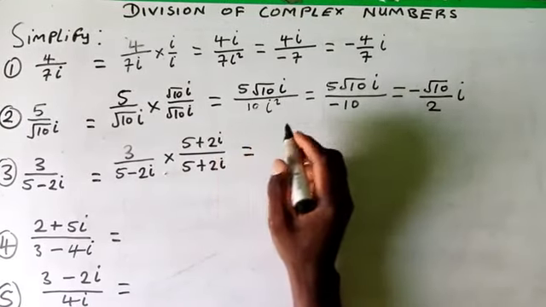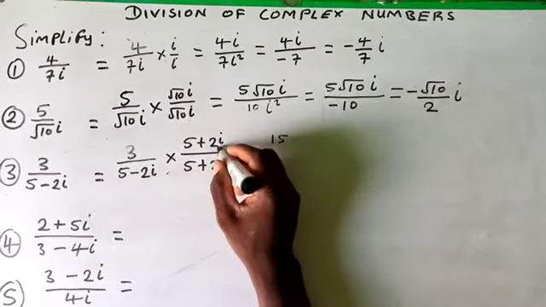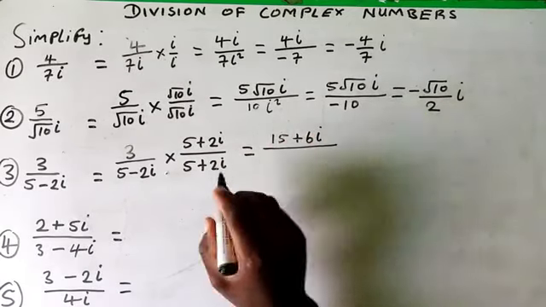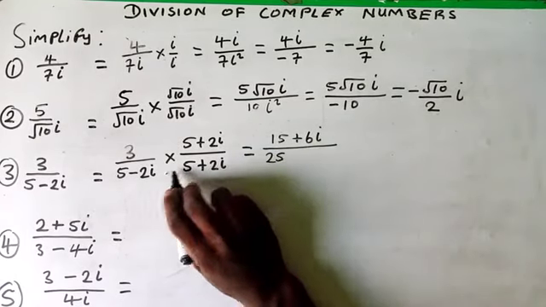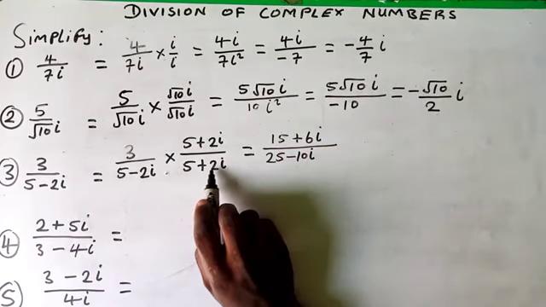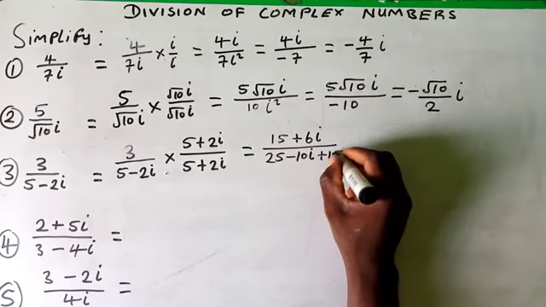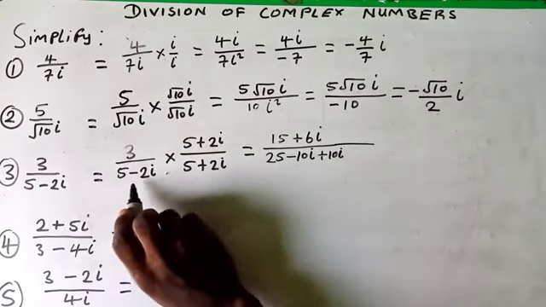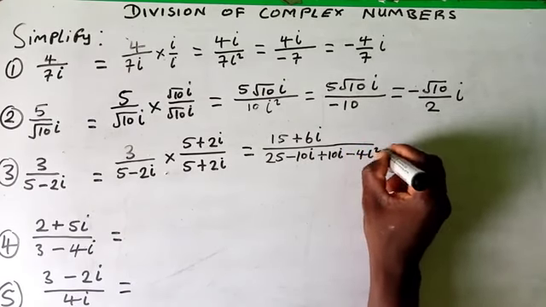So this will be equal to 3 times 5 is 15, 3 times 2i is plus 6i, all over 5 times 5 is 25, 5 times minus 2i is minus 10i, 2i times 5 is plus 10i, then 2i times minus 2i is minus 4i squared.